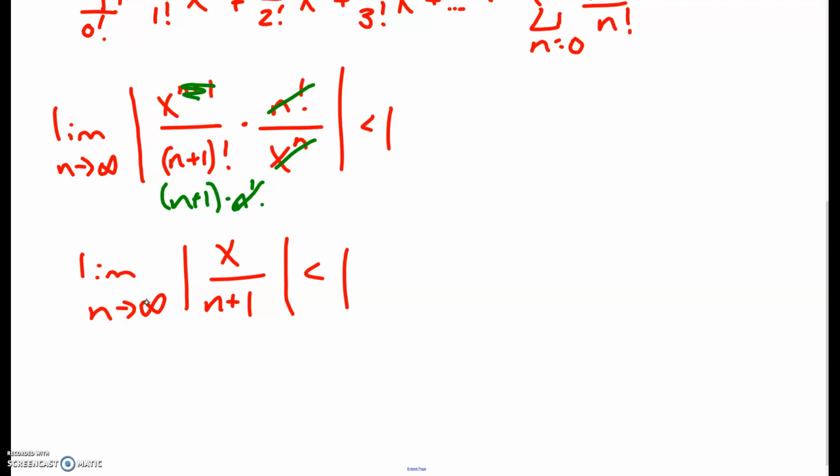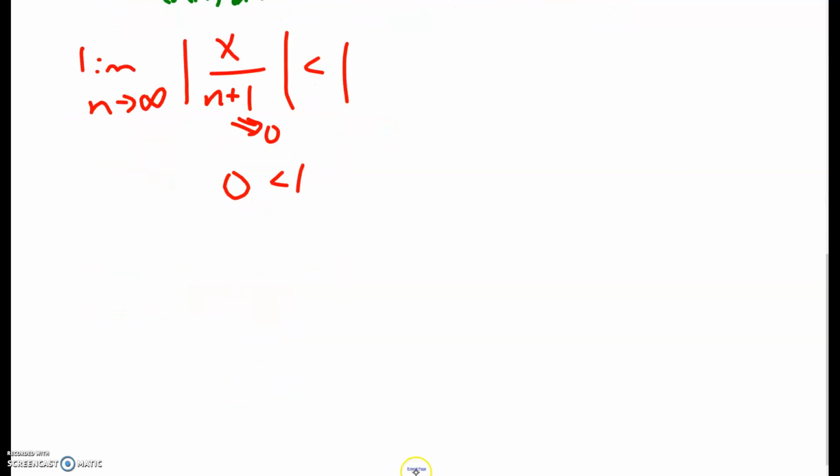As n approaches infinity, my denominator goes to infinity. My whole fraction goes to 0. And 0 is always less than 1. So my radius of convergence is infinity.